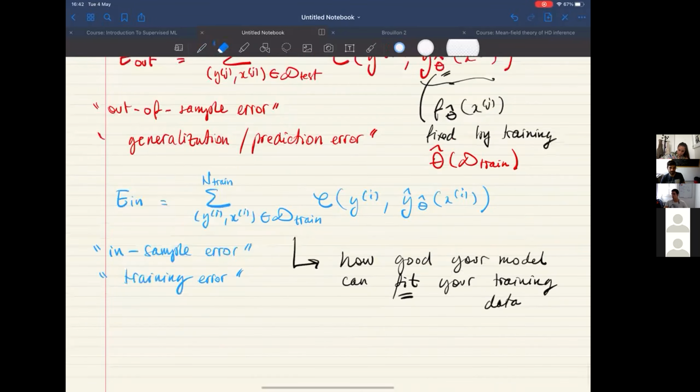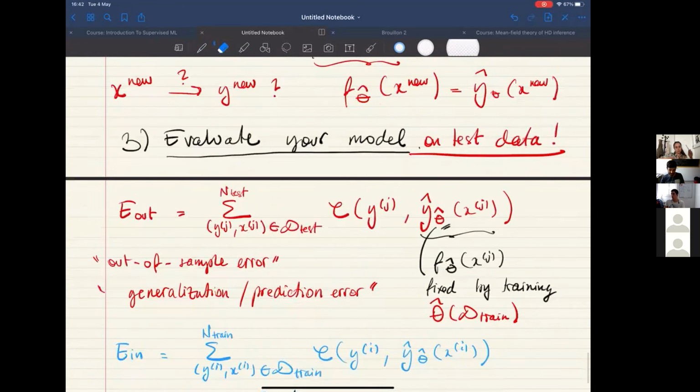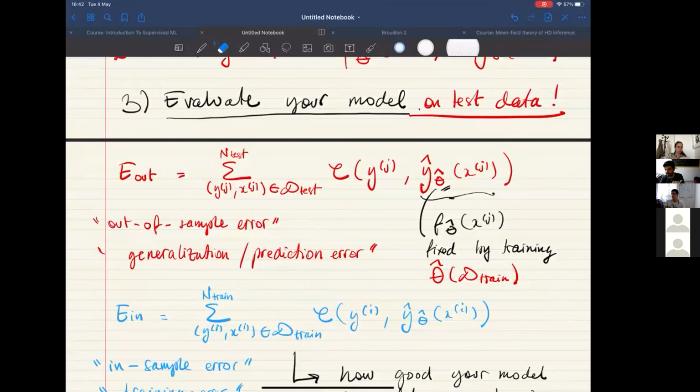But here I said that in order to see if our model is good or not, we use the out of sample error, the generalization error. And this emphasizes the main question again in machine learning, which is not trying to find a model able to fit your data. You are trying to find a model able to generalize on unseen data.